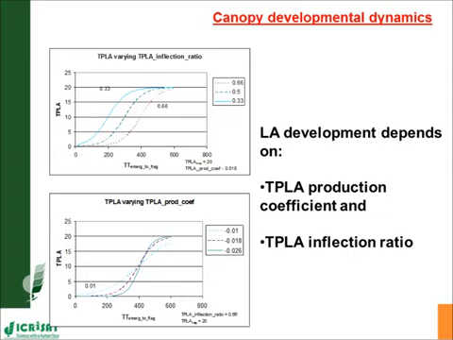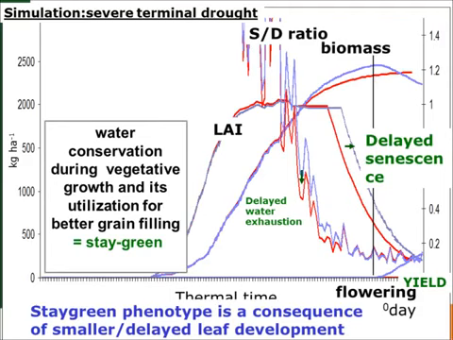With those coefficients, after that we can assess what effect they would have using the crop simulation model, APSIM. Forget about the complexity of that slide. Just follow LAI, the leaf area index. The red one is a material that has developed a large leaf area. The blue one is a material that has developed a slightly smaller leaf area at anthesis.